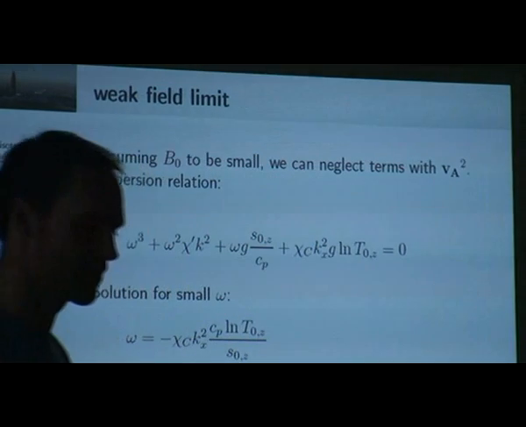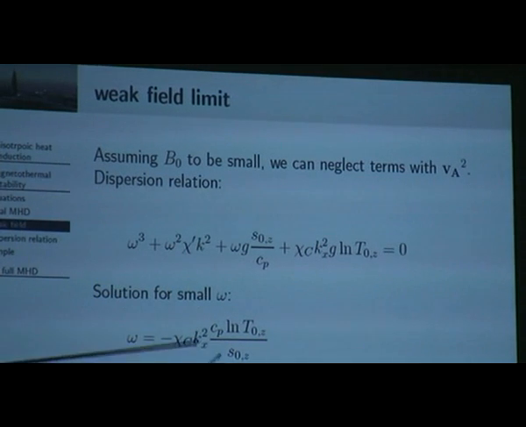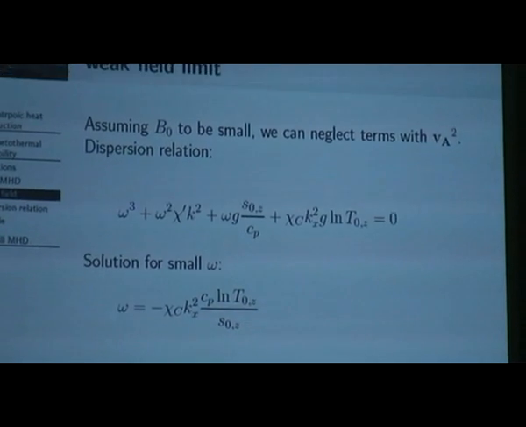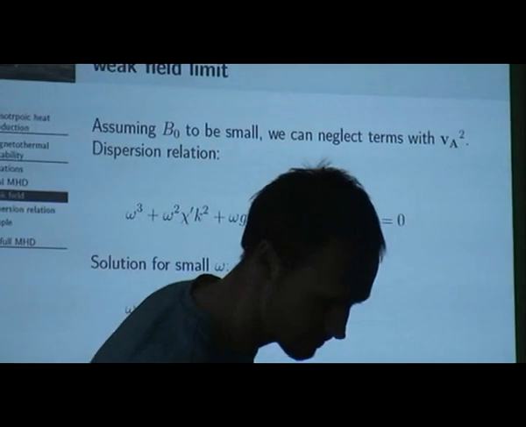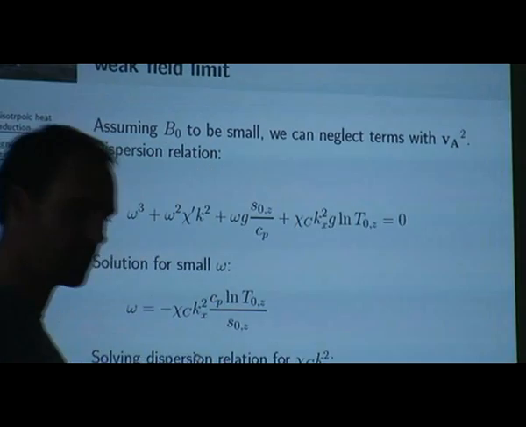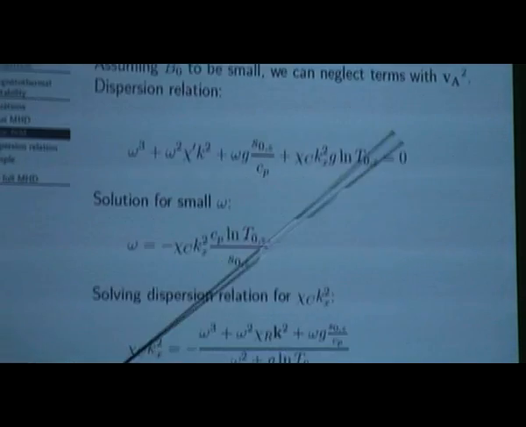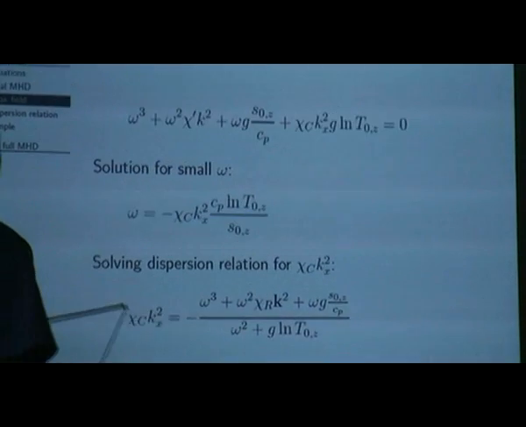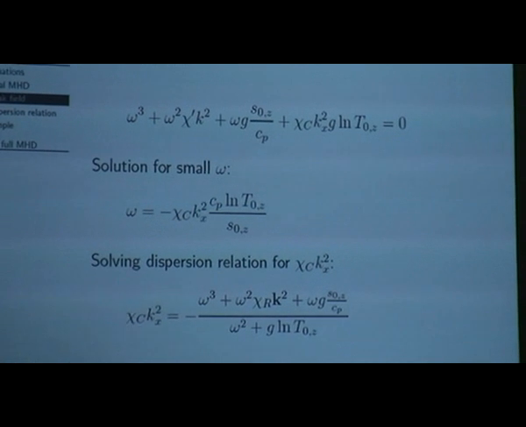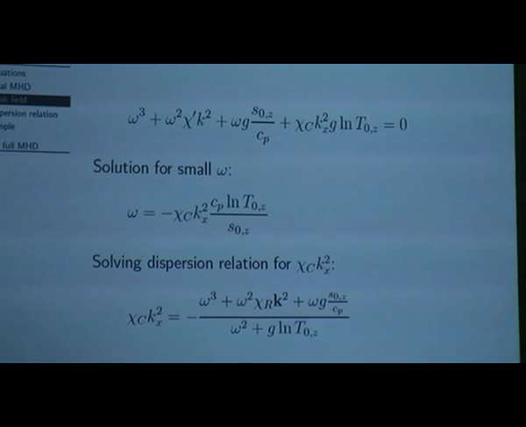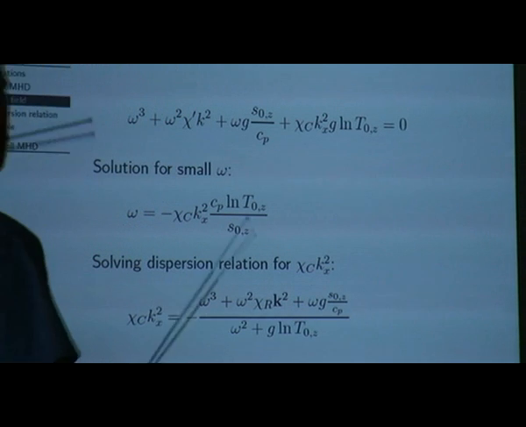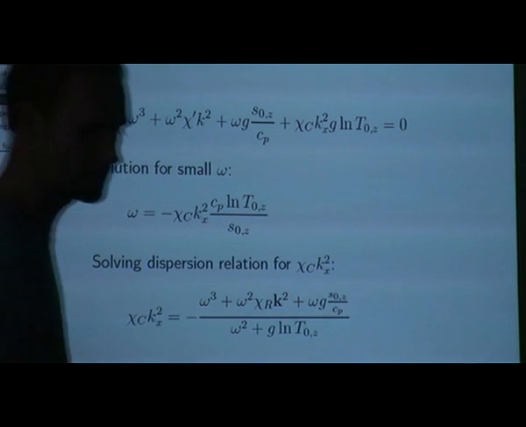So I get a value for omega. My omega is very small. I can also try to solve this dispersion relation for this G, which is correlated to the K1, K2 value of the heat conduction terms in dependence of the frequency.